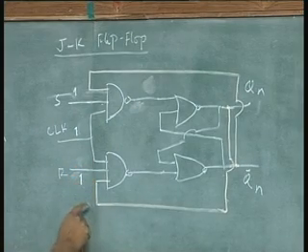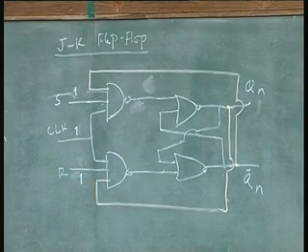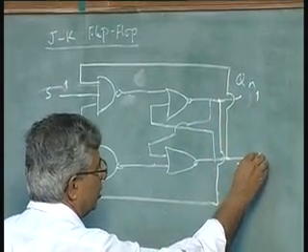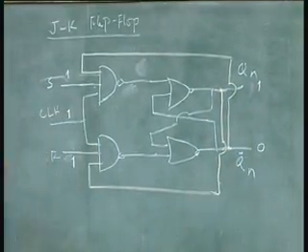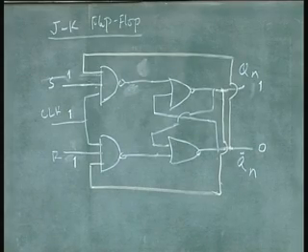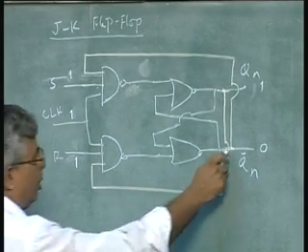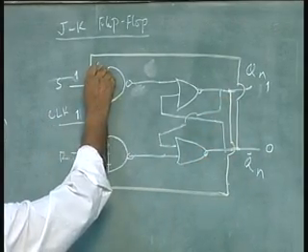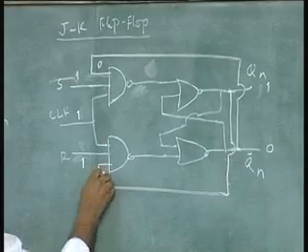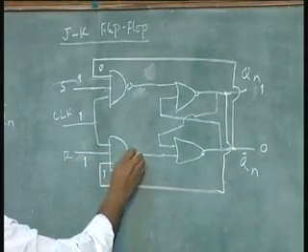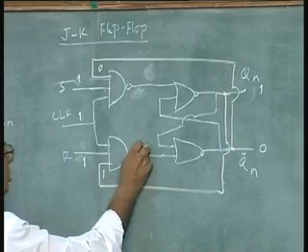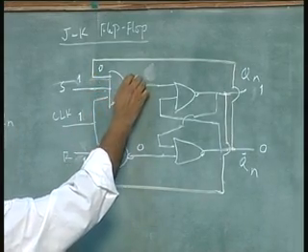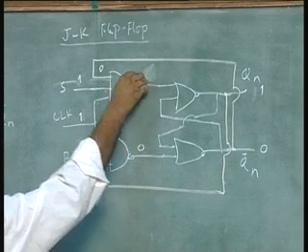Let us assume the output being 1, because we have to start somewhere, Qn 1 and Qn bar 0. Since we have fed back Qn and Qn bar, this is going to become a 0, this is going to become a 1. So, this is 1 1 1, output is 0, 3 input NAND gate, 0 1 1, output is a 1 for a 3 input NAND gate.